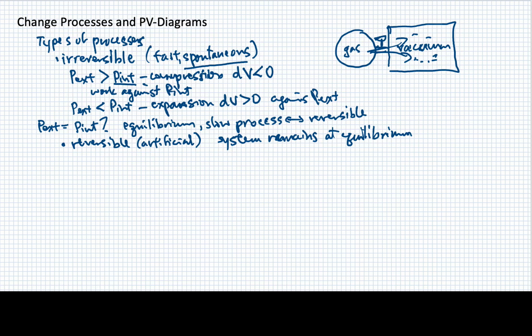Now, a lot of these reversible systems, we use them in thermodynamics not because they are indicative of exactly what happens in the real world, but because if we can use reversible processes to go from an initial state to a final state and measure a change in a state function, that change in the state function is the same whether the process was reversible or irreversible.